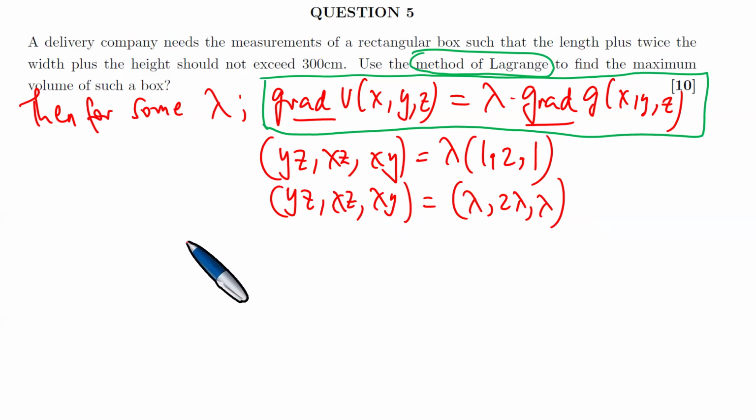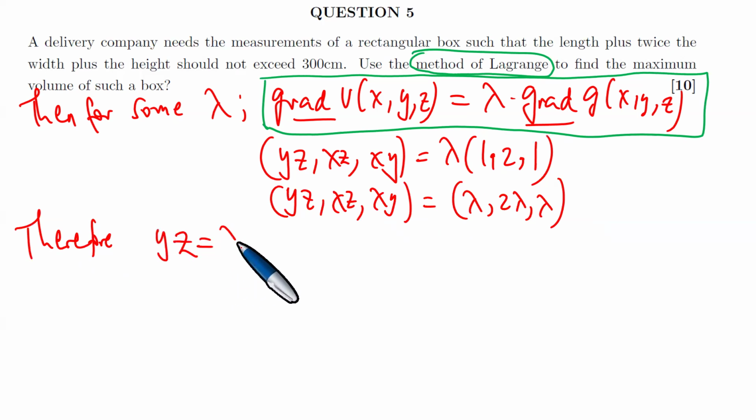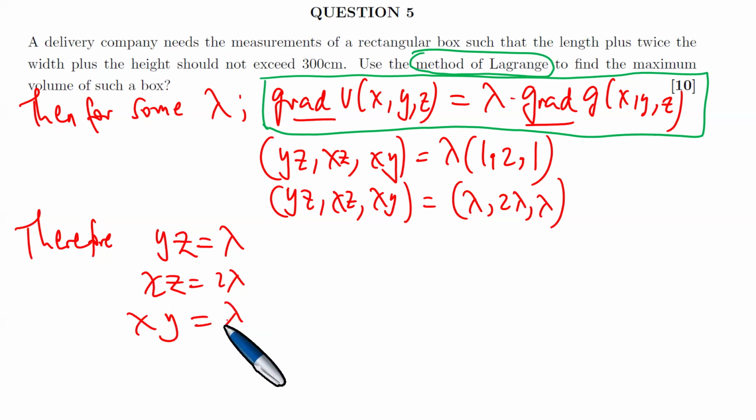Now, what is this? Therefore, now we can equate everything. Which means that yz equals lambda, xz is 2 lambda, xy is lambda.